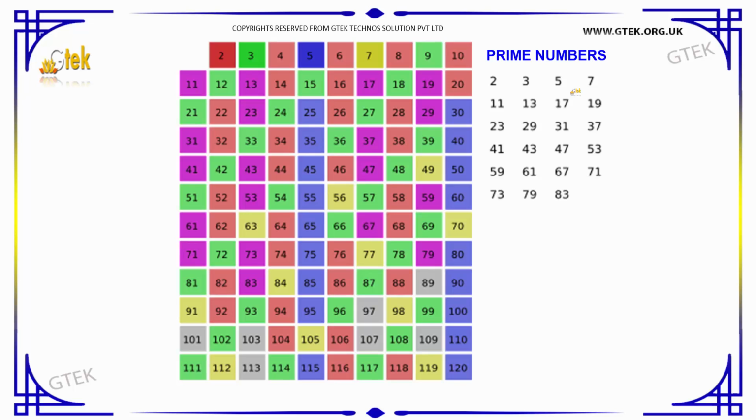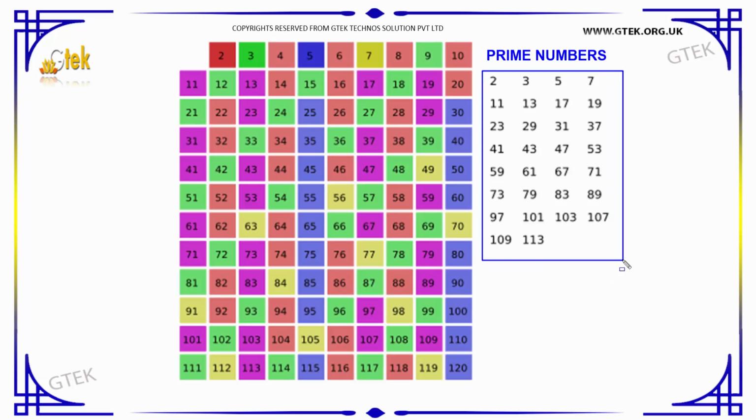The prime numbers which are less than 120 are 2, 3, 5, 7, 11, 13, 17, 19, 23, 29, 31, 37, 41, 43, 47, 53, 59, 61, 67, 71, 73, 79, 83, 89, 97, 101, 103, 107, 109 and 113.